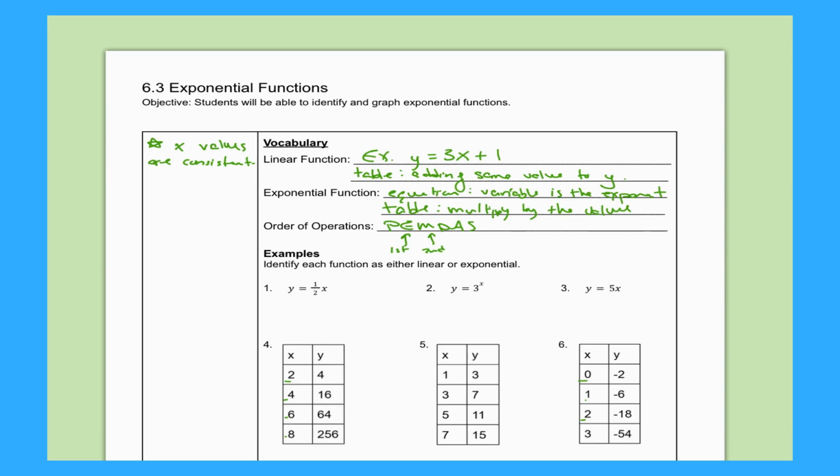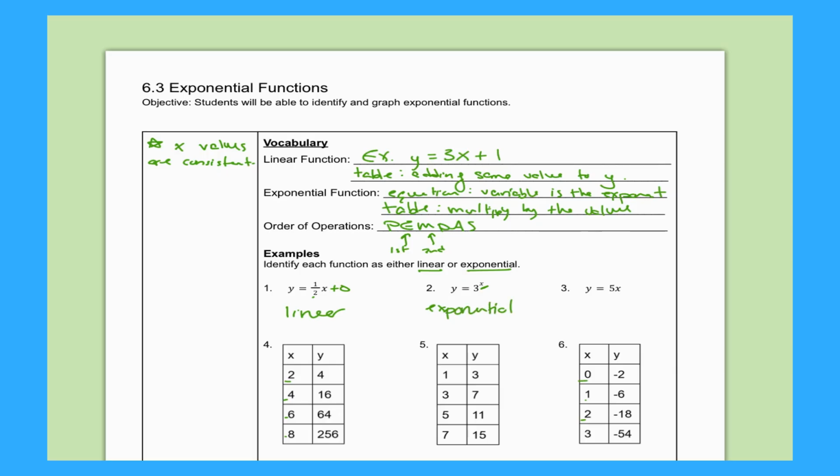Okay, so the first set, we're going to identify these as either linear or exponential. This first one looks similar to the linear one, where we've got a number in front times an x, and then in this case it'd be plus 0, so this is linear. Number 2 is exponential because that variable is in the exponent.